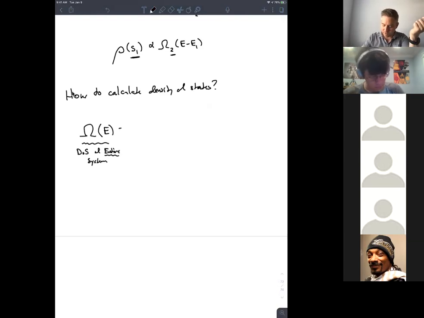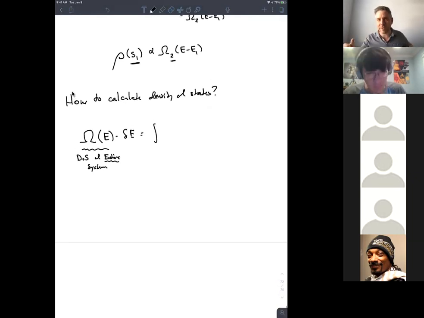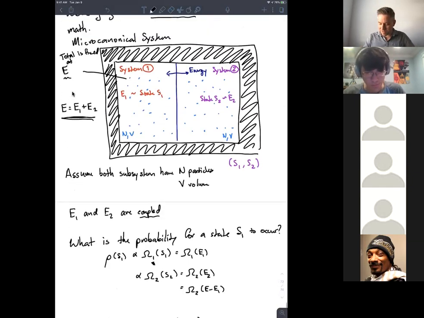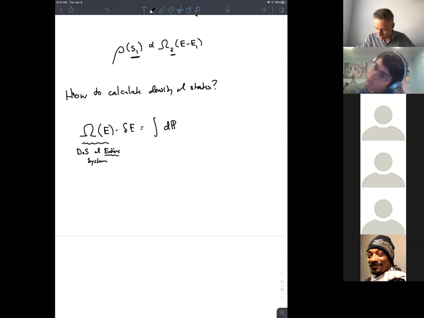If I multiply this by some infinitesimal energy, then this is the number of states, and the number of states is just the integral over all values of our phase space variables. Before, we integrated over all possible momenta and all possible space coordinates.